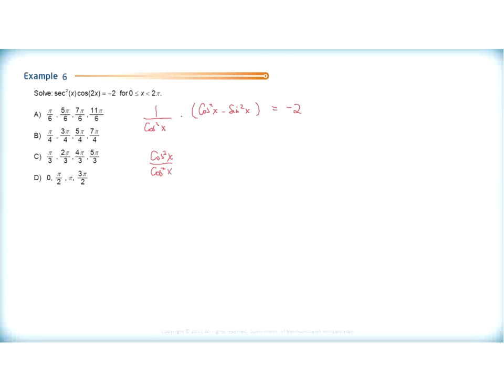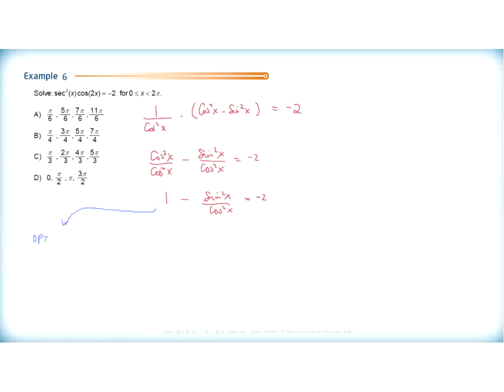When I multiply the 1 over cosine squared in through, I get cosine squared x over cosine squared x, subtract sine squared x over cosine squared x, equals negative 2. Well, of course, that's 1, subtract sine squared x over cosine squared x equals negative 2.